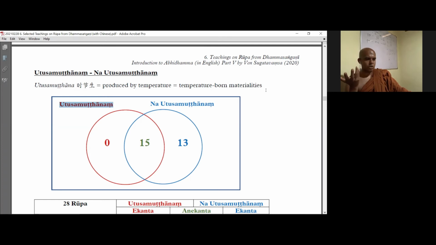No Utu Samuttana means not temperature-born materiality. This one also has a very good explanation about the Utu Samuttana. There are 15. What are the 15?